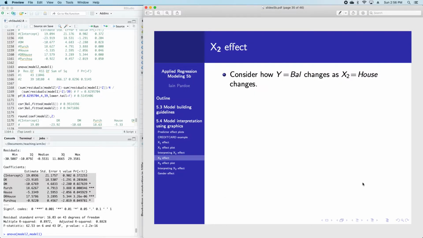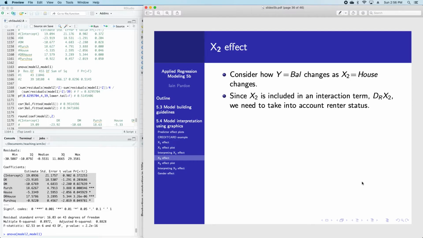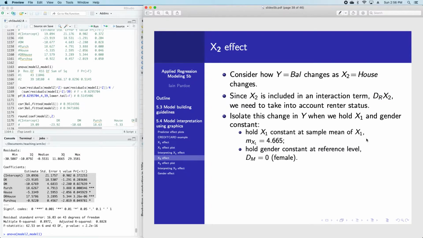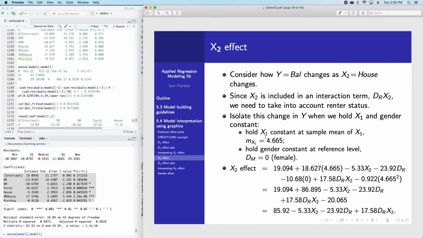Let's do a similar thing for the x2 effect. It's a little bit more complicated for x2 though, because we've got an interaction term to worry about. So let's hold x1 constant at its sample mean, and then we'll hold gender constant at the reference level again, dm equals 0.